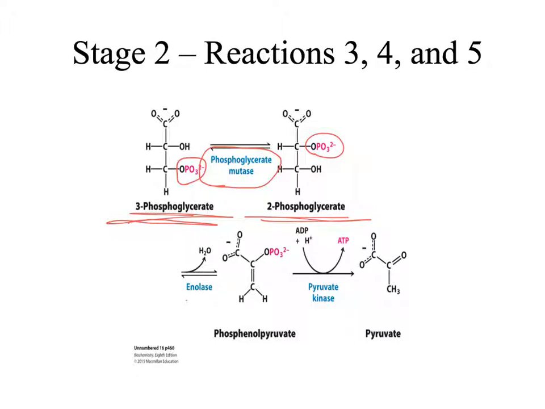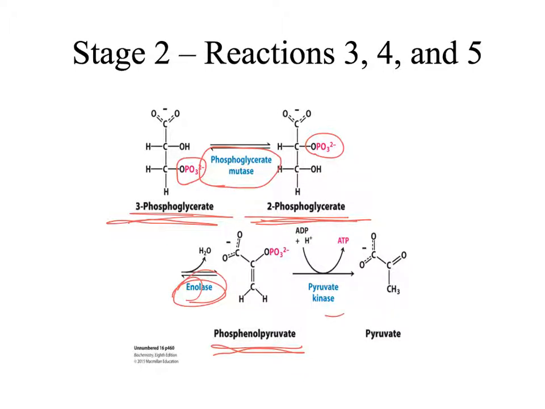Then we have the enzyme enolase, which comes in and catalyzes the formation of this phosphoenolpyruvate. So it acts on this 2-phosphoglycerate. And this is going to be a dehydration step. So this phosphoenolpyruvate will then be converted to pyruvate.